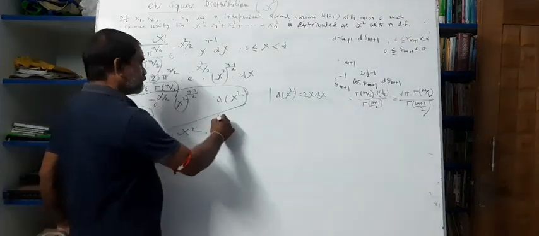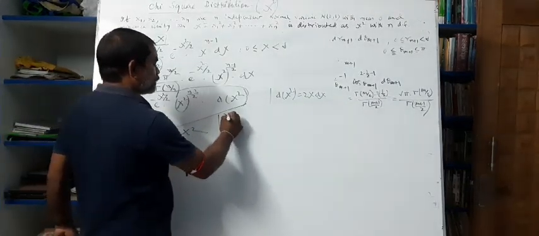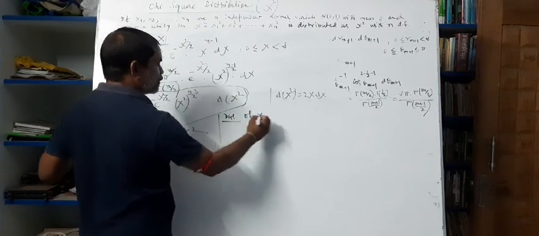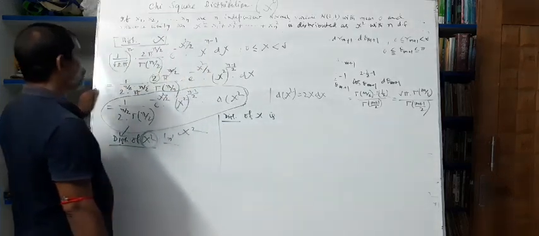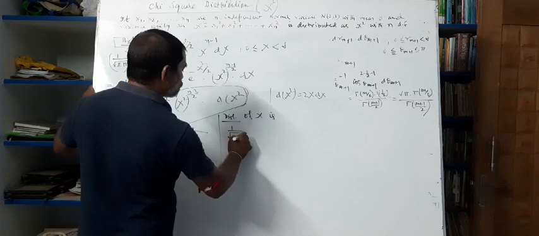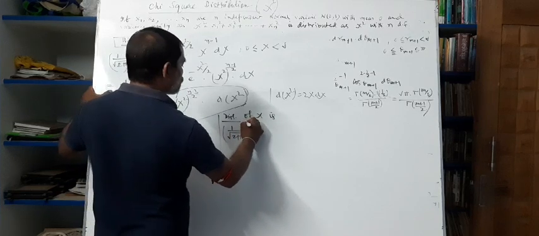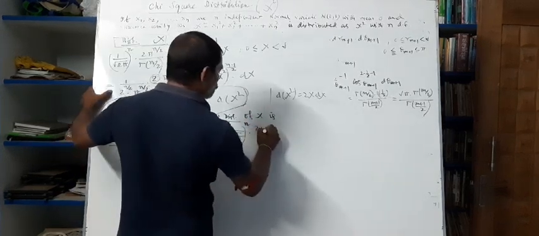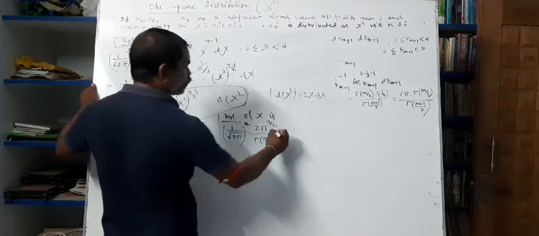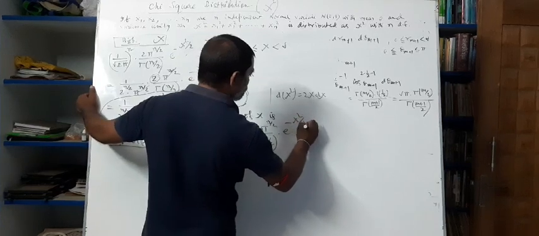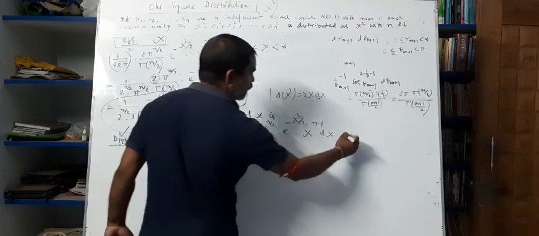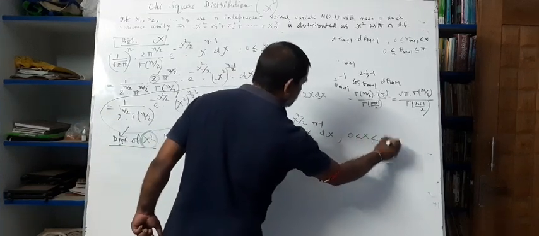Finally, we have established here the distribution function of chi is 1 by root over 2 pi whole to the power n, 2 into pi to the power n by 2 divided by gamma of n by 2, e to the power minus chi square by 2, chi to the power n minus 1 d of chi, where 0 less or equal to chi less than infinity.